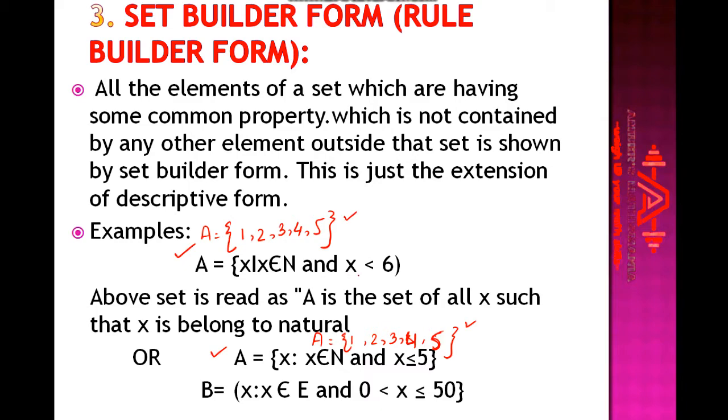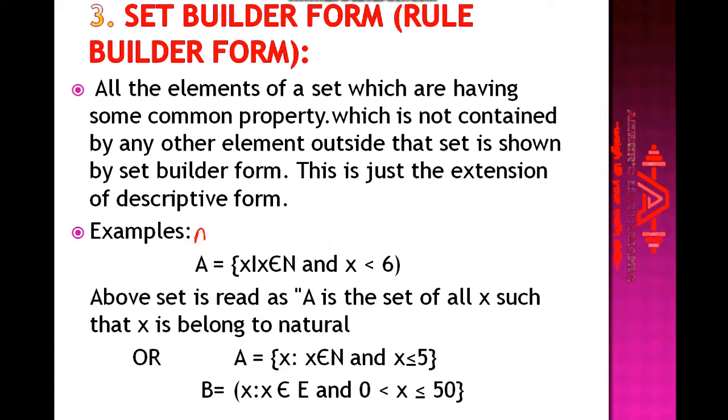It can be written as x is less than 6 or it can be written as x is less than or equal to 5. We can also write the range part as 1 is less than or equal to x less than or equal to 5. So x varies from 1 to 5.